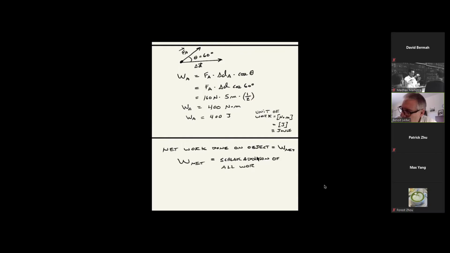Yes, always. That's lowercase, that's weight.